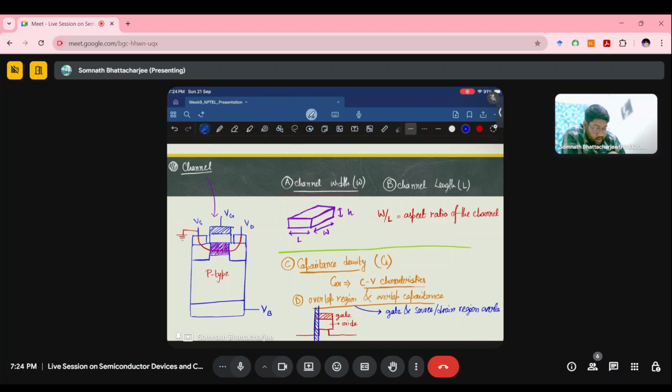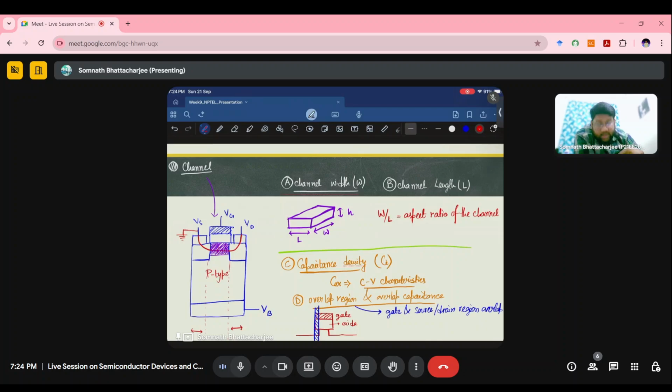If we are just drawing this, in this case we can term this as the source region, and this as the drain region.